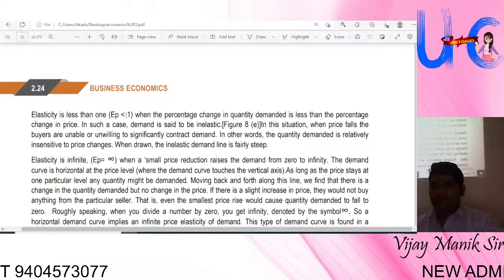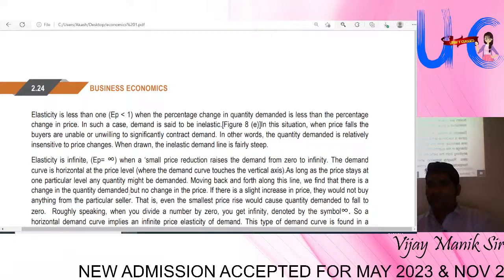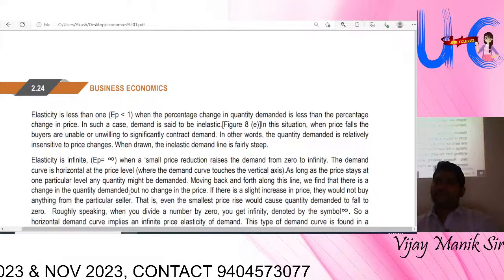The table will be there. Okay, how the things are fully inelastic, how the things are unitary. Unitary means constant. Okay, so what is meant by elastic or inelastic?